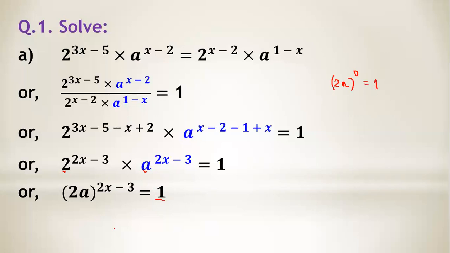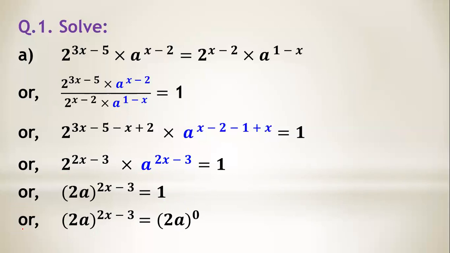So due to that reason, on the right hand side we are going to write 2a whole to the power 0, because according to the zero law its value again becomes 1. So now, by using the axiom of exponential equation, we have arrived at this stage that there is 2a base and there is also 2a base.